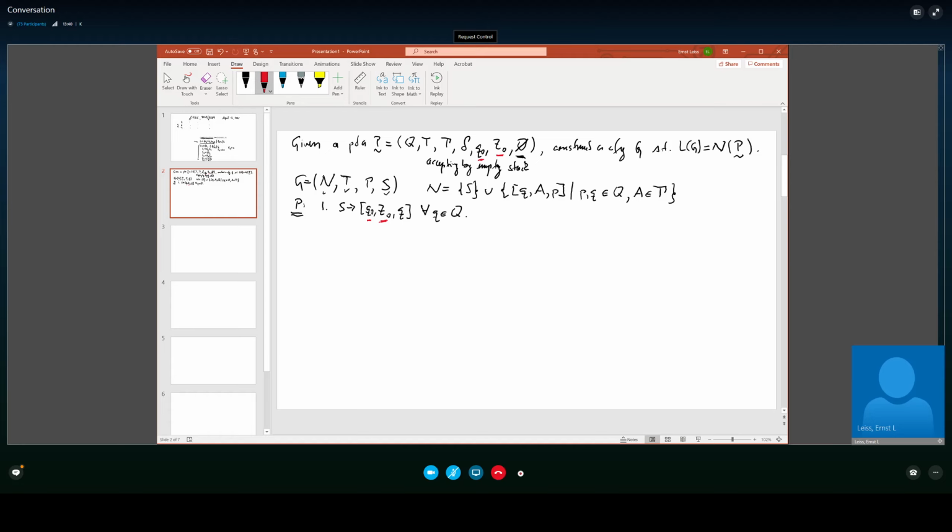So what we have basically in this case is a free variable Q for all Q in capital Q. So if we have M states, we have M productions. The Q0 is fixed, the Z0 is fixed, and the Q is a free variable.